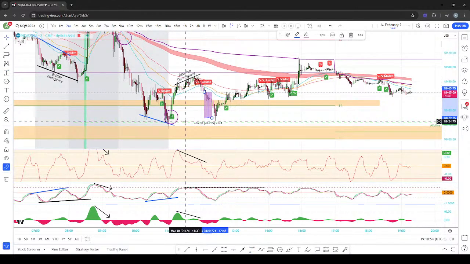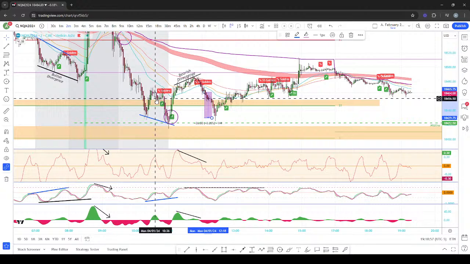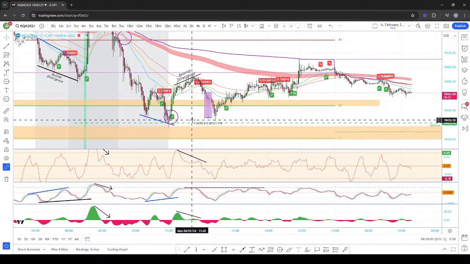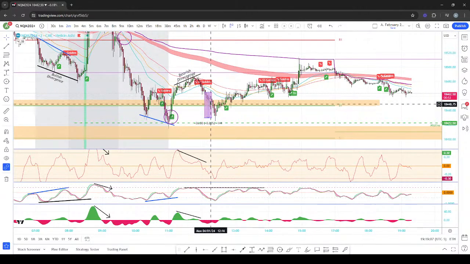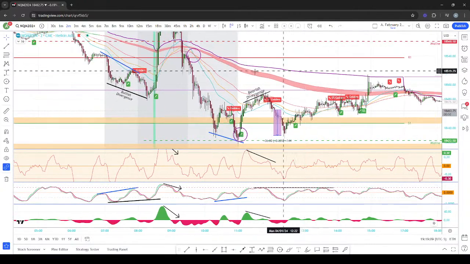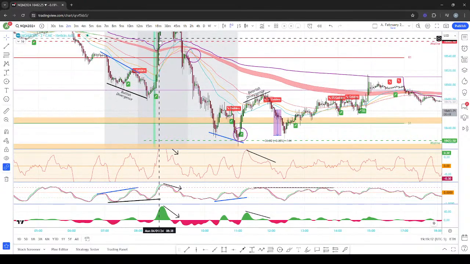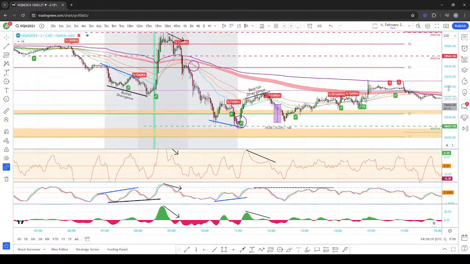Now remember, NQ is $20 a point, so we have 36 points times 20. This is a $720 trade on one contract. Okay, so remember, we saw some really nice divergences in here that you can enter your trade.